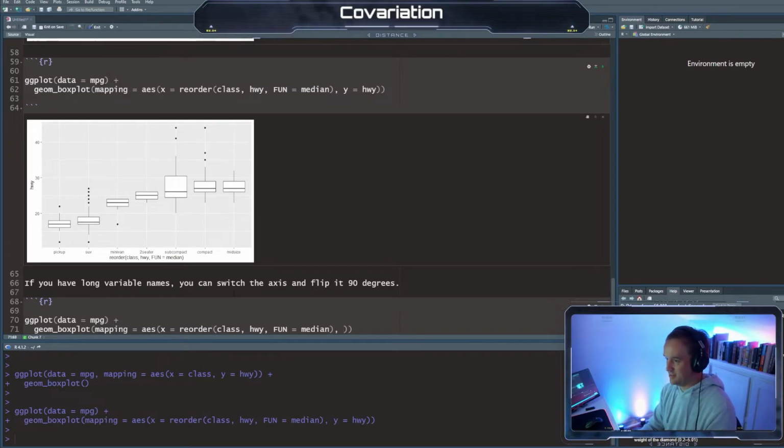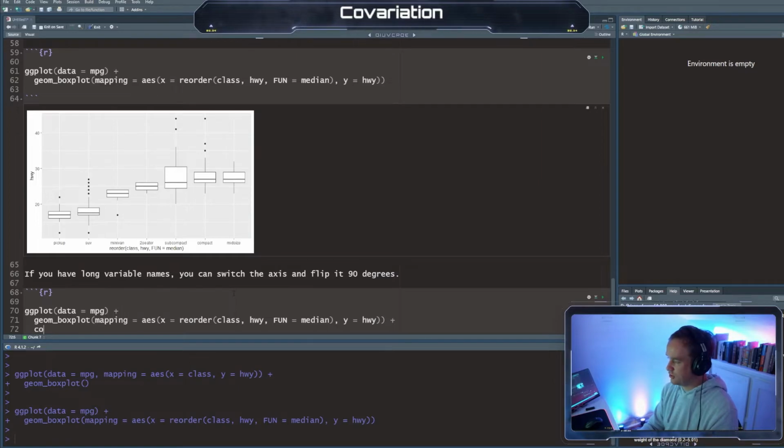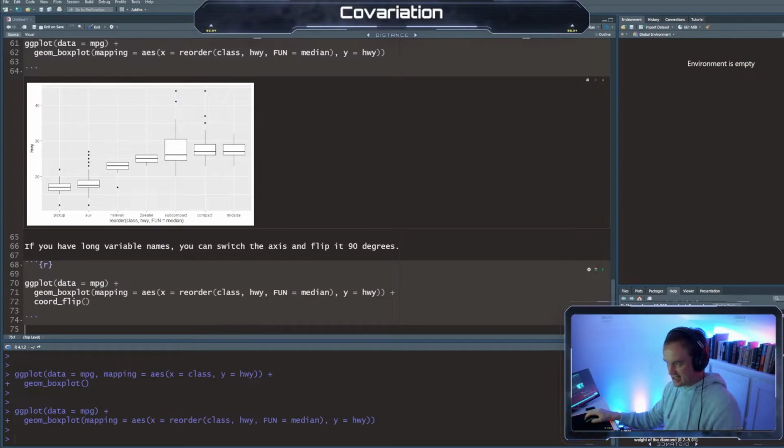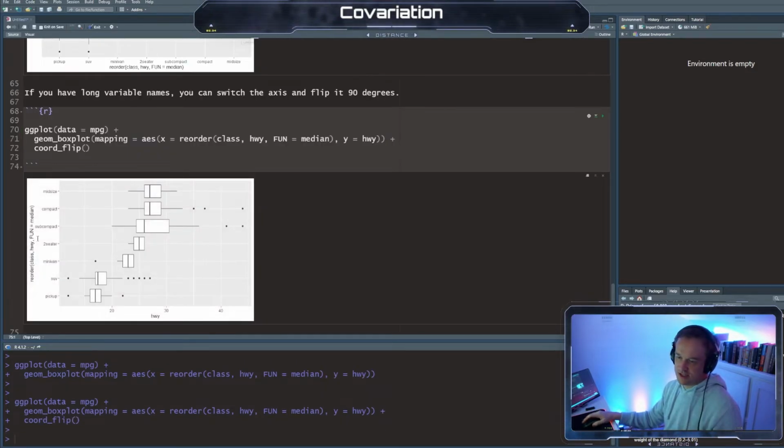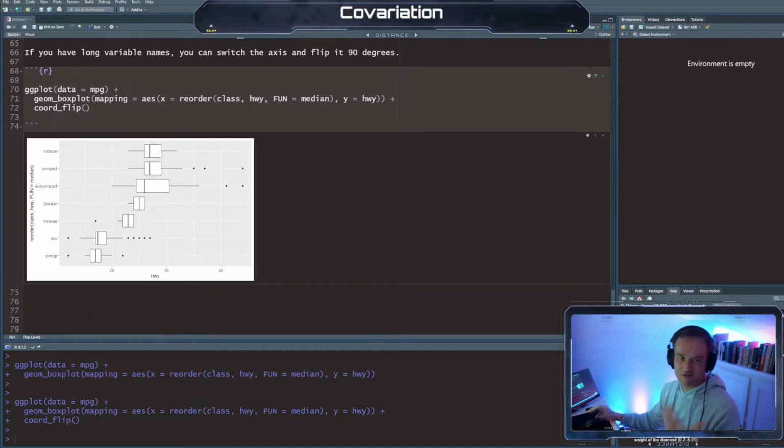We'll do median instead of mean. Oh no, we did median last time. We could do mean as well if you wanted to. Y equals highway, and then we're going to add a function called coord flip. So it's just going to flip the two axes. So you can see here we just flipped the x and the y, so we have pickup, etc. Cool little trick if you're interested in doing that.